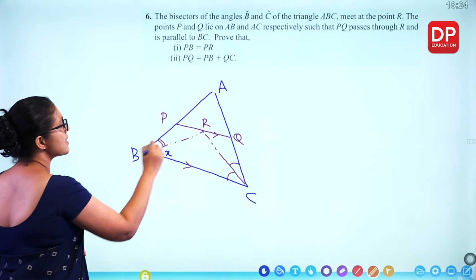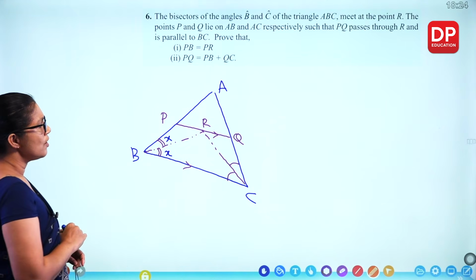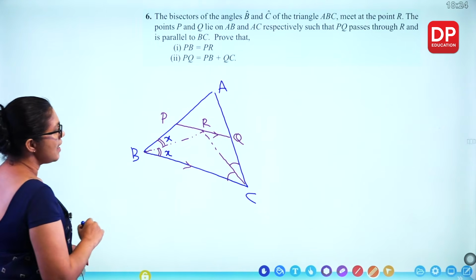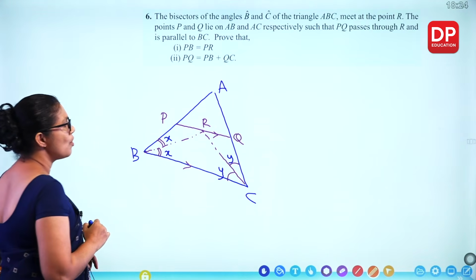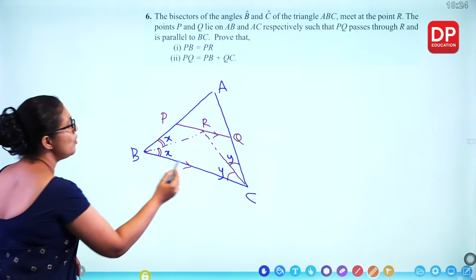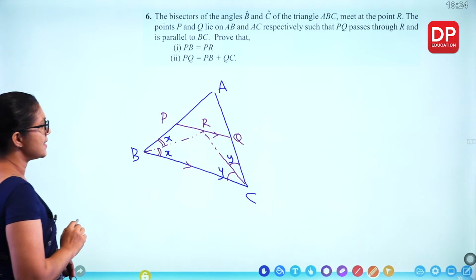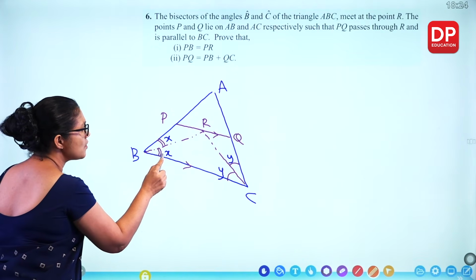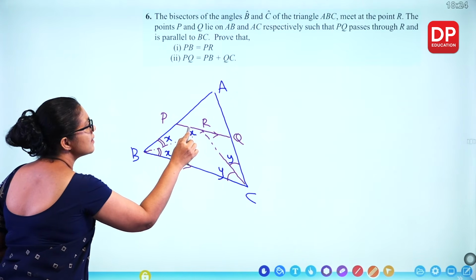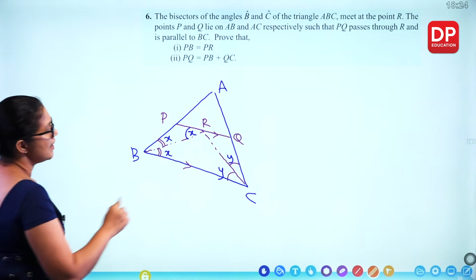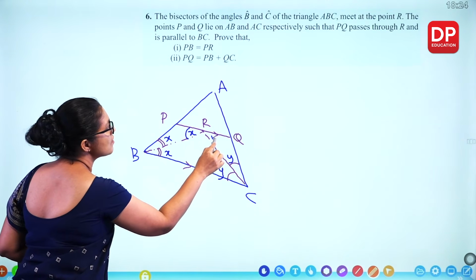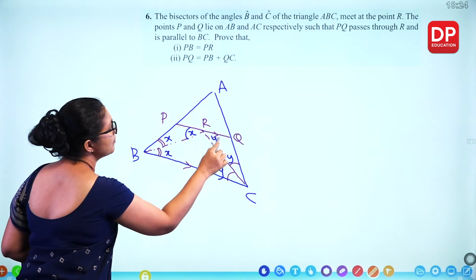If this is X, this is also X. If this is Y, this is also Y. And also look at these two parallel lines. If this one is X, we can say this is also X. If this is Y, this is also Y.